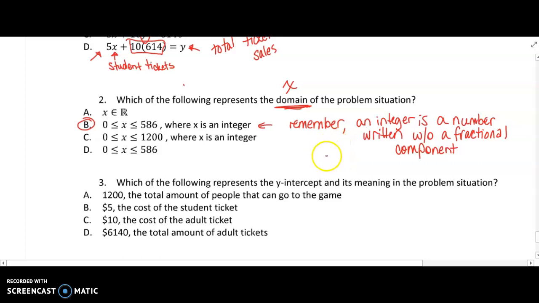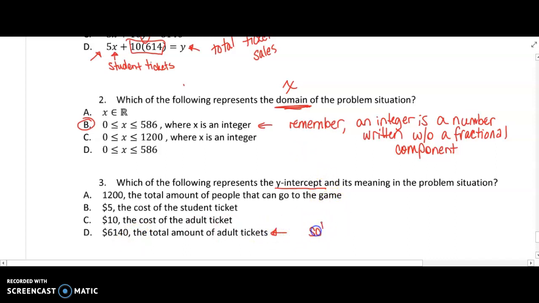Okay? All right, and then number 3, which of the following represents the y-intercept and its meaning in the problem situation? All right, so we talked about this up here. $6,140 is the total amount of the adult tickets, okay? They've already sold that much.